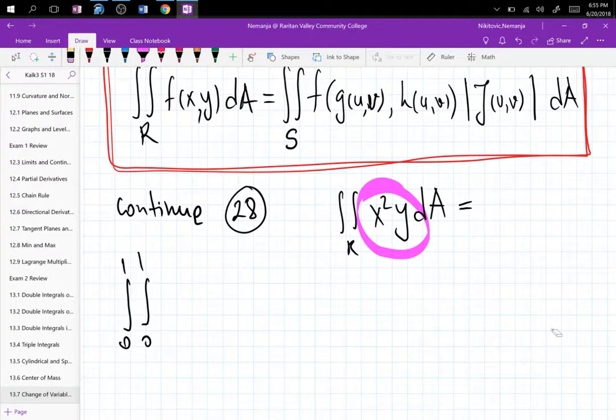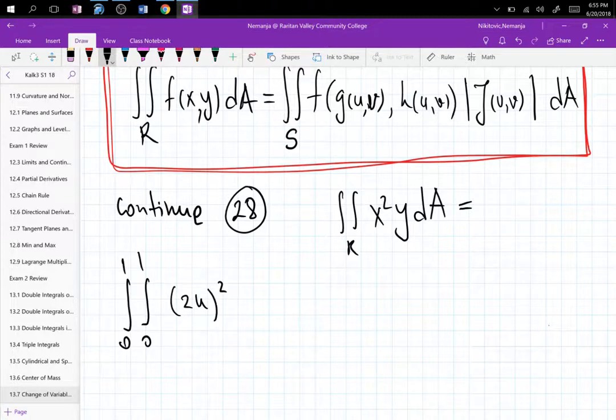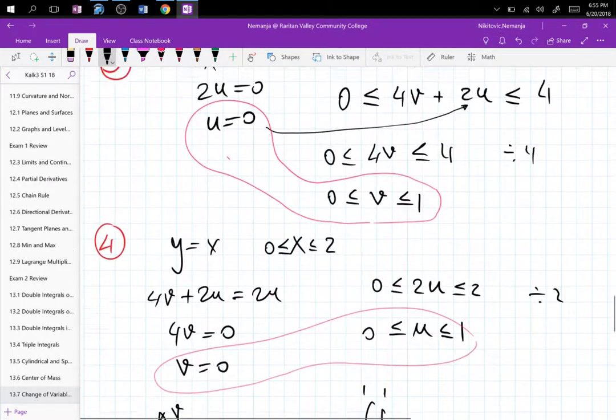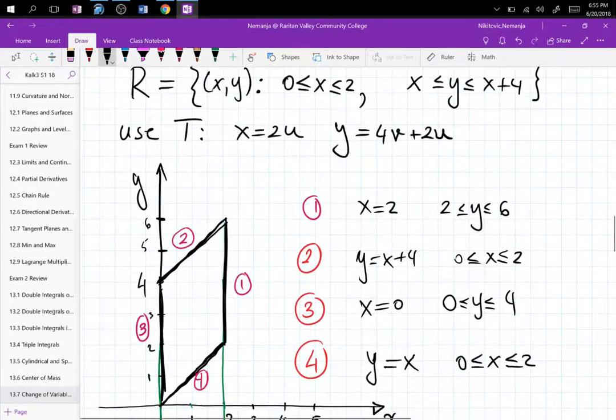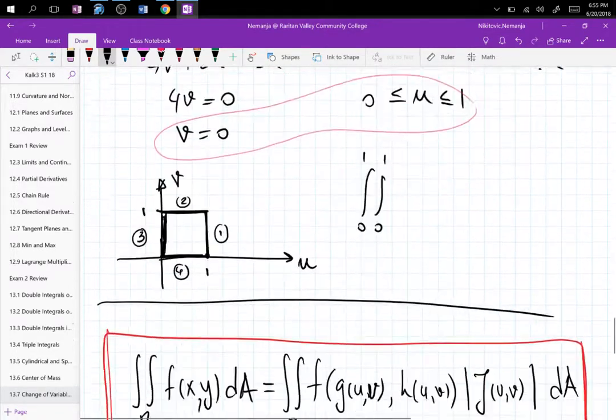The transformation for x was 2u, so I'm going to transform x squared into 2u squared. And the transformation for y was that long thing with addition, 4v plus 2u.